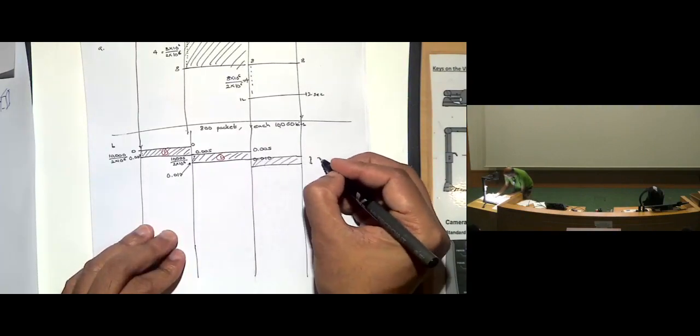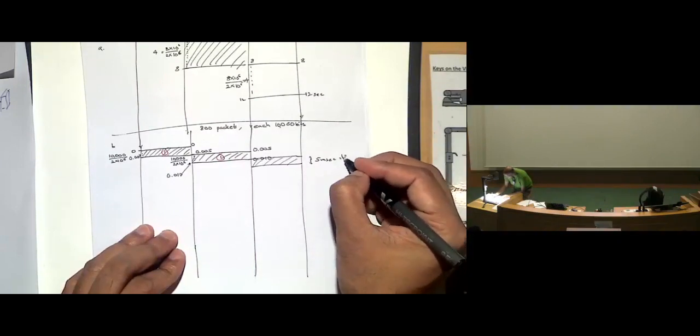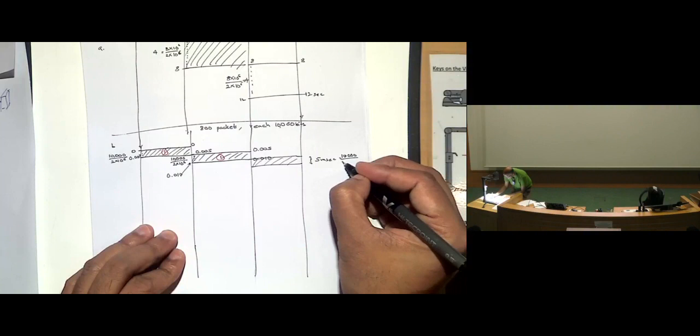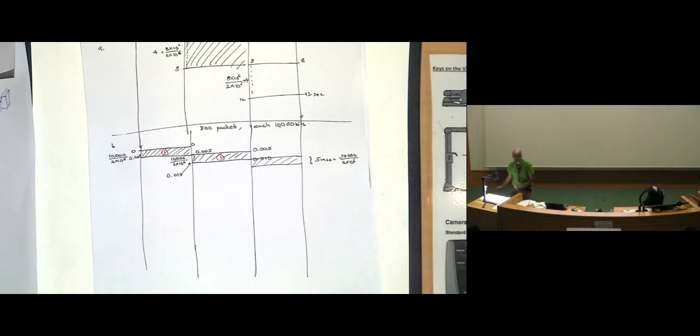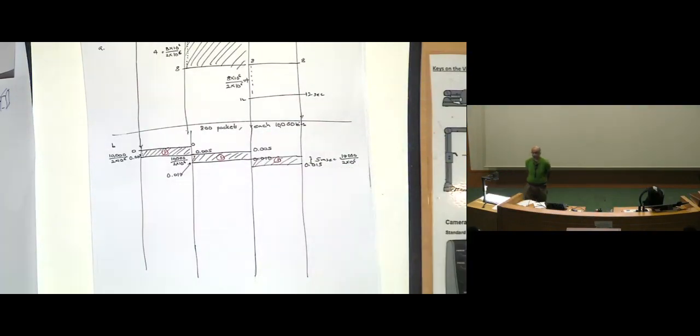And again, this will take 5 milliseconds. So the first packet is going to reach the destination at 0.015. Yeah, I think this is what B is asking. How long for the first packet to be received?